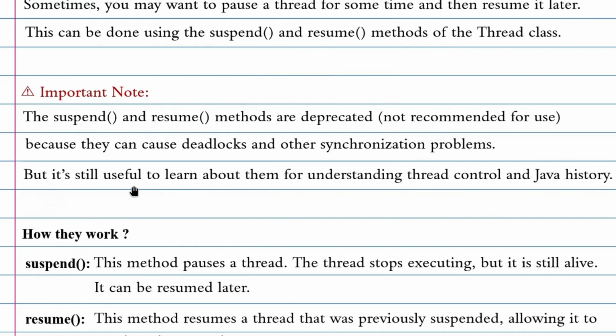It is still useful to learn about them for understanding thread control and Java history. Though the suspend and resume methods are not recommended for use, they help us understand how threads actually work, in detail, and also the history of Java.